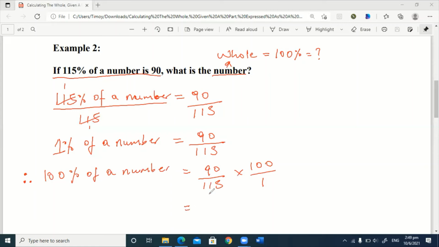And 90 divided by 115 multiplied by 100 over 1 will approximately give us 78.3, correct to 1 decimal place.